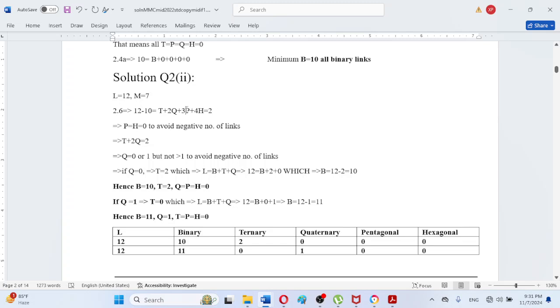And if we put the value of pentagonal links P equal to 1, that will also give a negative number, because on the right hand side there is 2. So P and H will be 0 to avoid a negative number of links. I have explained this many times in previous videos that have been uploaded, but I am explaining it again and again so that students know it well and memorize it.